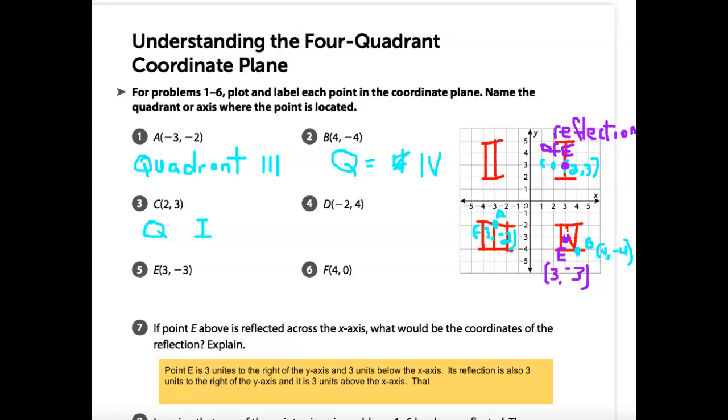So that is (3, 3). So the reflection is 3 units to the right of the y-axis, but now we're going to go up to 3 instead of below 3. Okay? All righty, let's move on.